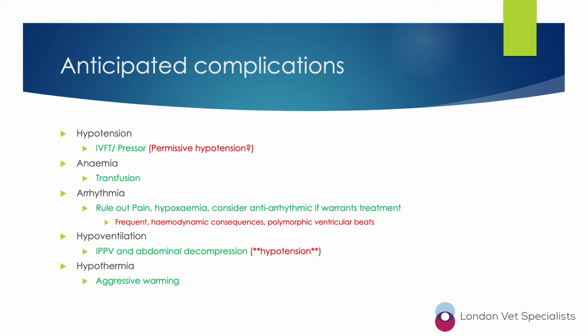It's worth bearing in mind that often at this point, when the abdomen is initially opened and you get this sudden decompression of the abdomen, the patient can tend to be quite hypotensive, so it's worth being primed and ready to give a fluid bolus in this instance.